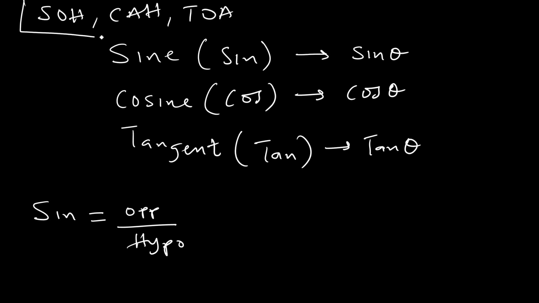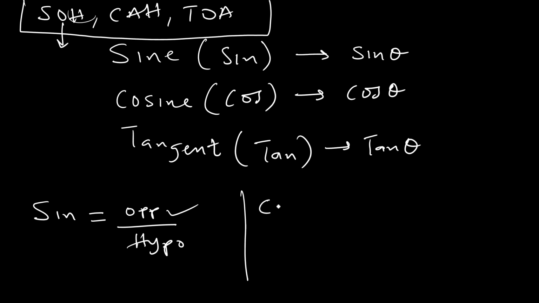That is how you can memorize these things. The O here is for opposite and the H is for hypotenuse. So with this, we can say this is cos. A is for adjacent, then the hypotenuse is there.